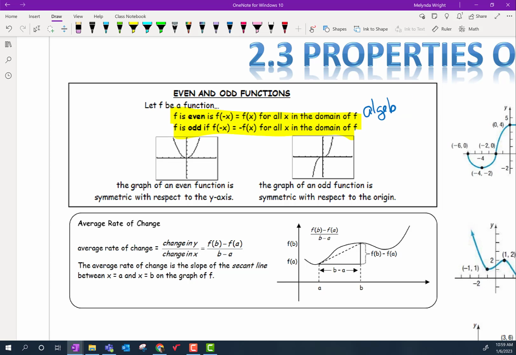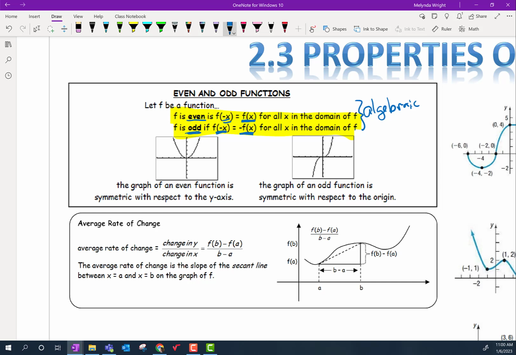We plug in a negative x everywhere there is an x, and we look at the result. If the result is exactly the same as when we started, then we have an even function. If the result, once we plug in a negative x, is exactly opposite, then we have an odd function. That's the algebraic technique to determine if you have an even or an odd function.